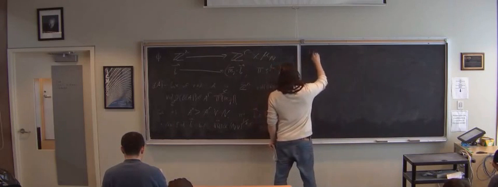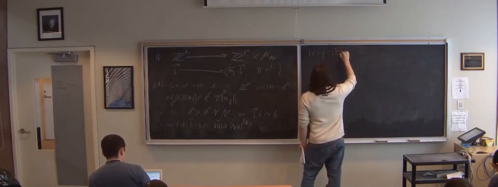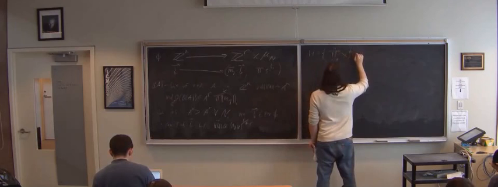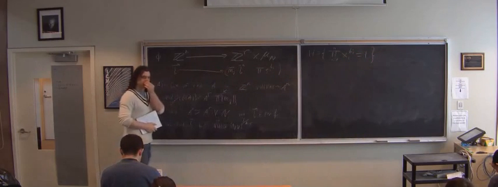Okay, so once we have this b, we proceed in a natural way. We'll let H be the algebraic torus corresponding to b.